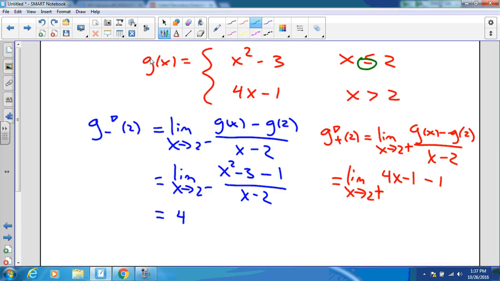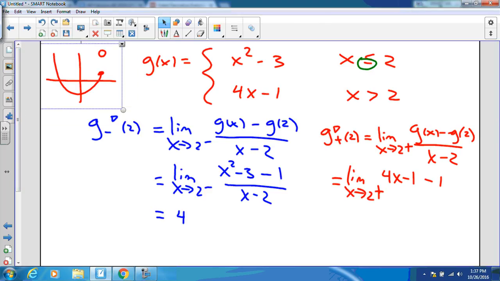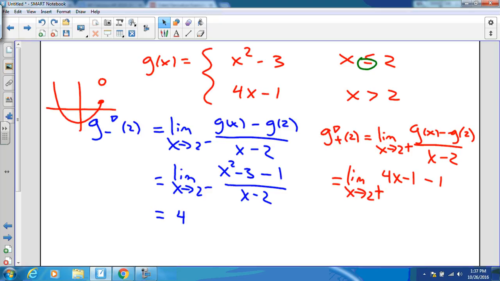What's going on here? Let's do a quick sketch of what's happening. In this particular case, we again have our quadratic polynomial, this part right here. But when we get to x equals 2, our function now has suddenly a jump discontinuity, like so. Just like that.